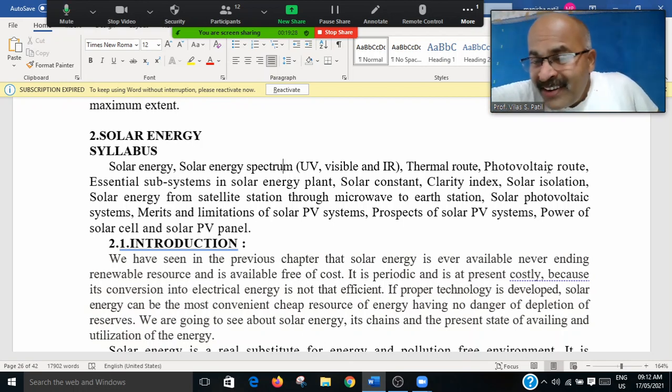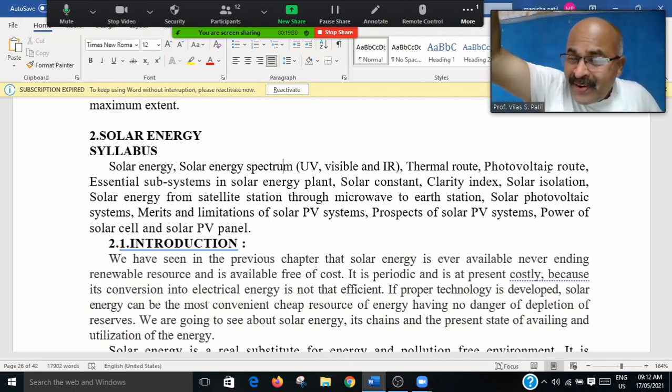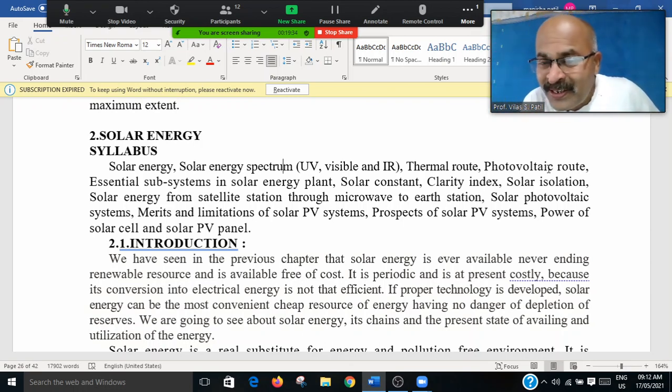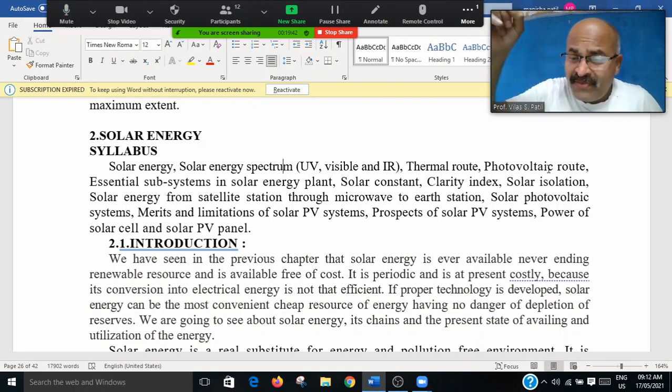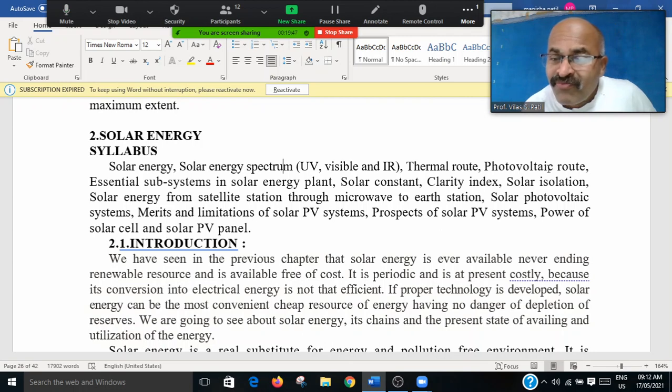And we know that above the atmosphere there is no season, no day and night. It means that at the mean distance between the sun and earth, there is no atmosphere.